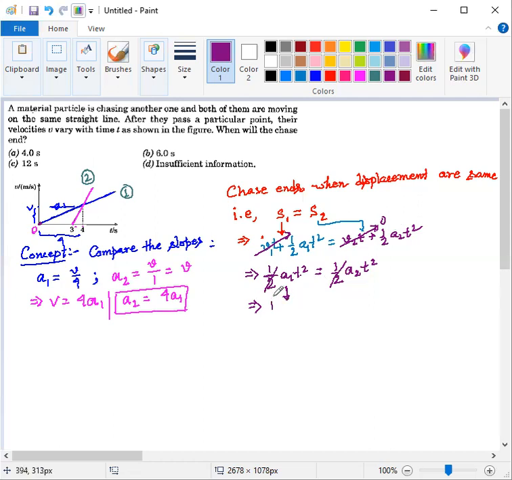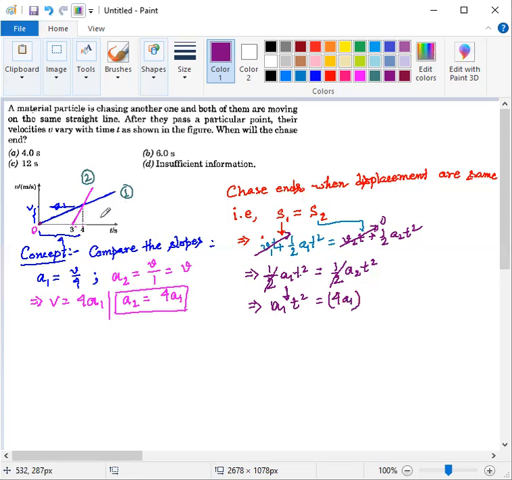So for the first particle, it is A1 into t square, equal to, for the second particle, A2, which is nothing but 4A1, into what is t for the second particle?